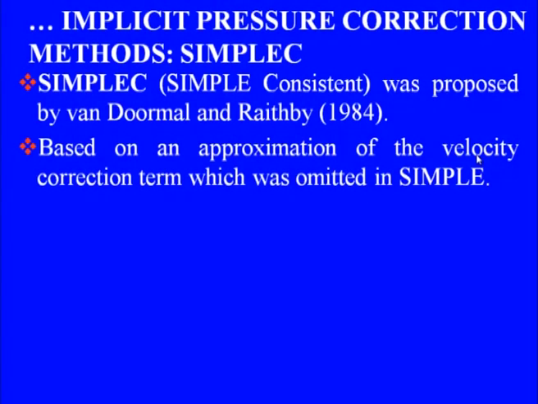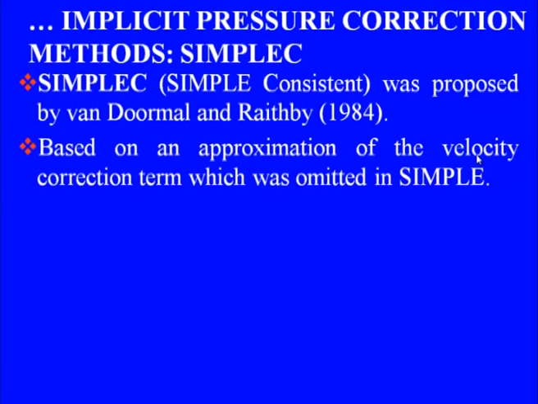What they proposed was that we approximate the velocity correction term which was omitted in SIMPLE, and this approximation would be obtained by using a simple averaging procedure. What they found is it leads to a much more consistent method which converges a lot more rapidly, and we do not have to worry about the under relaxation factors which are required by the SIMPLE algorithm. That was the main attraction of this SIMPLEC process.